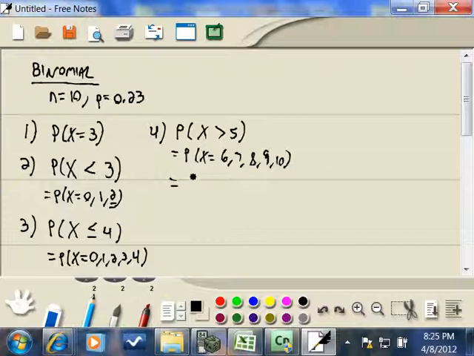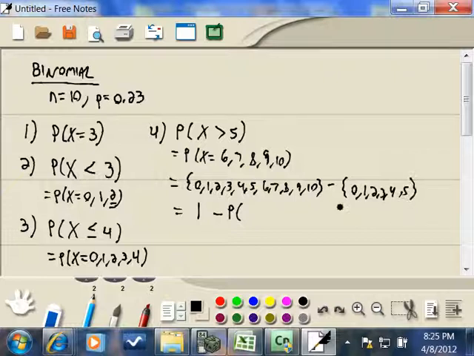If you think of everything, that'd be 0, 1, 2, 3, 4, 5, 6, 7, 8, 9, and 10. Now everything probability-wise is 1. If I take a look at this list, I have to think, what can I cross off such that it leaves me 6 through 10? Well, if I cross off 0 through 5, that'll leave me 6 through 10. So basically we're starting with everything, which is 100% or 1, and we're going to subtract off 0 through 5, and that'll leave us 6 through 10.